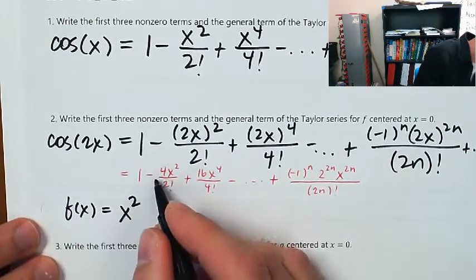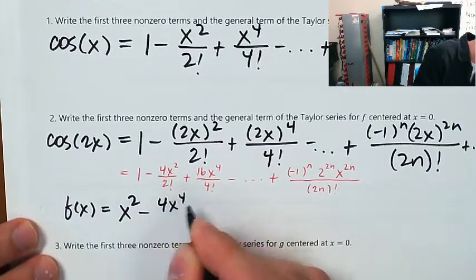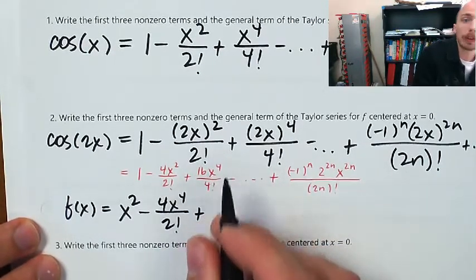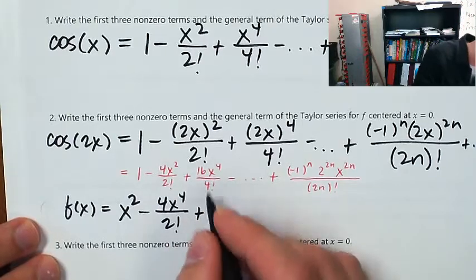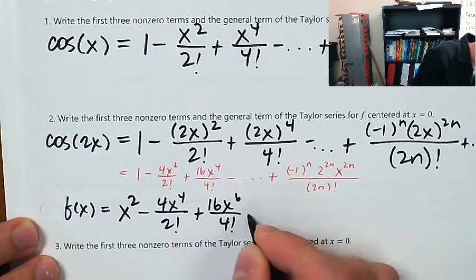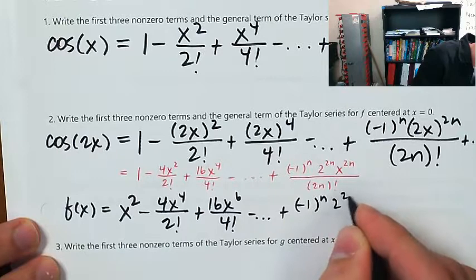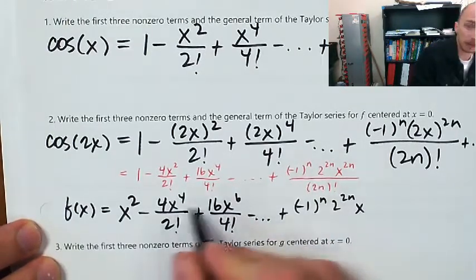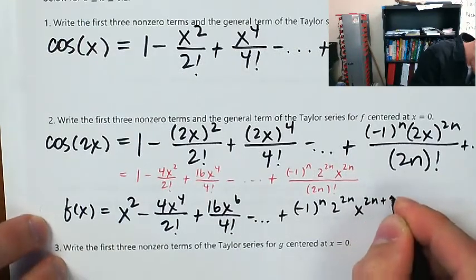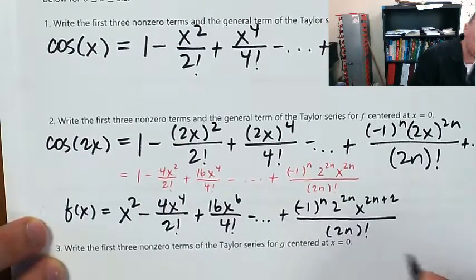So it'll be x squared minus 4x to the 4 divided by 2 factorial, plus x to the 4 times x squared, which is x to the 6, divided by 4 factorial, all the way up to negative 1 to the n, 2 to the 2n, x to the 2n plus 2, since I just added 2 to the power of each x, still dividing by that same 2n factorial.